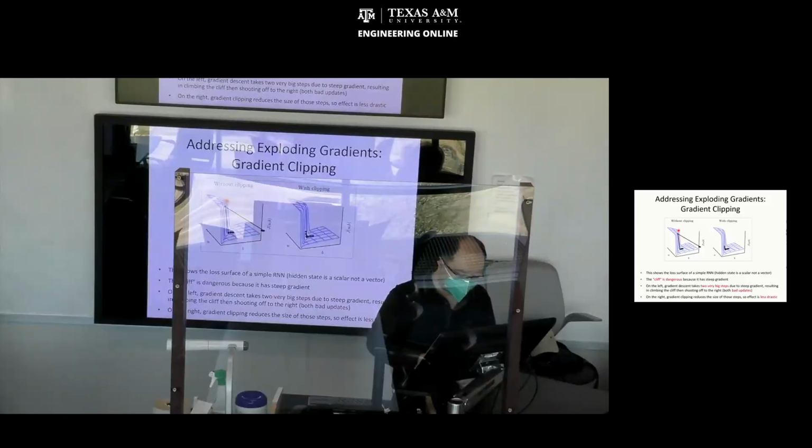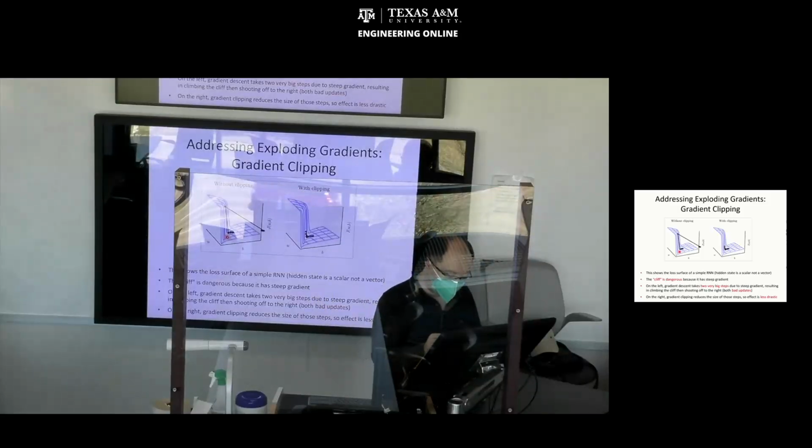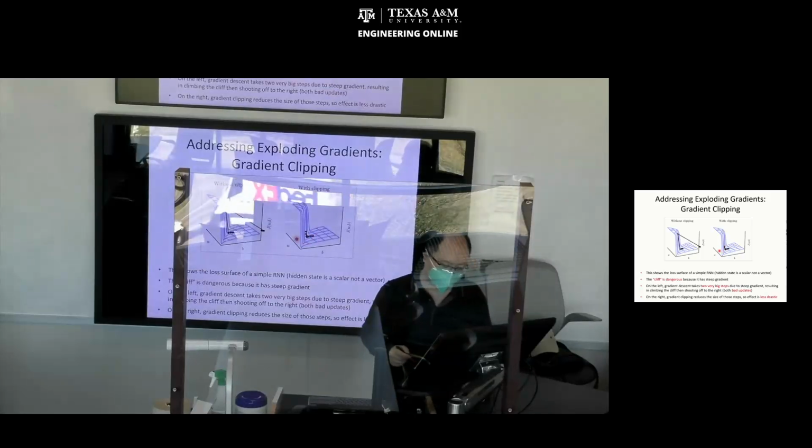In other words, this is like a cliff, right? The cliff is dangerous because the gradient is very steep here. The exploding gradient. But if you use clipping, then this is what you get, and this is much better, okay?